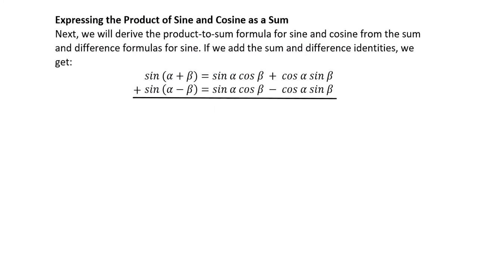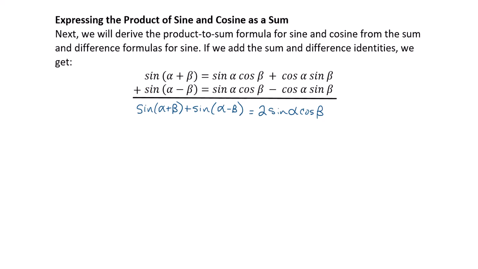Now expressing the product of sine and cosine as a sum. So we can derive the product to sum formula for sine and cosine from the sum and difference formulas for sine. If we add the sum and difference identities, this is what we'll get. The sine of alpha plus beta plus the sine of alpha minus beta is equal to 2 times the sine of alpha times the cosine of beta.